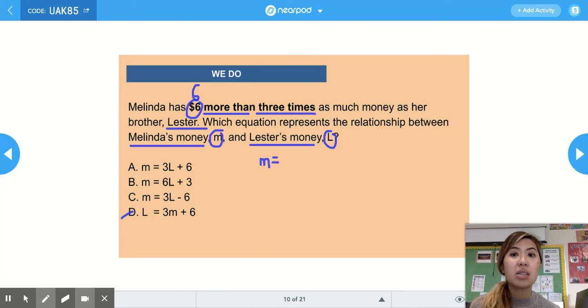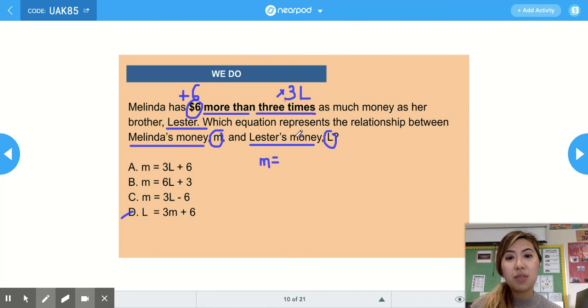$6 more than tells us that we're adding 6. And then it says 3 times. So 3 times is telling us we're multiplying by 3 as much money as her brother Lester. And so multiplying 3 and how much ever money Lester has, so it becomes 3 times L, which in math we can just write 3L.